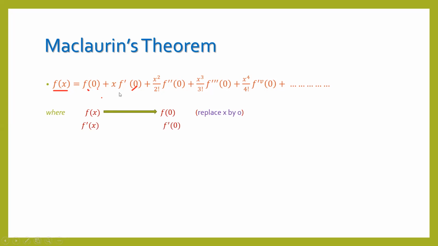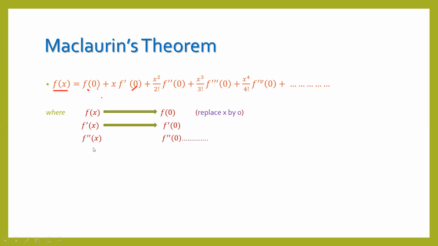To get f dash of 0, you have to differentiate the function f of x, and in this derivative, when we replace x by 0, we get f dash of 0.